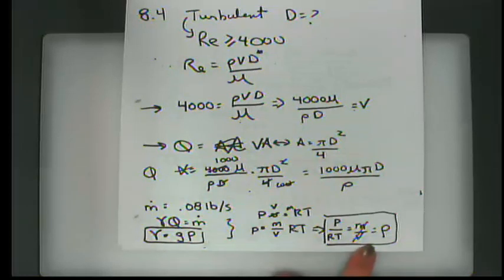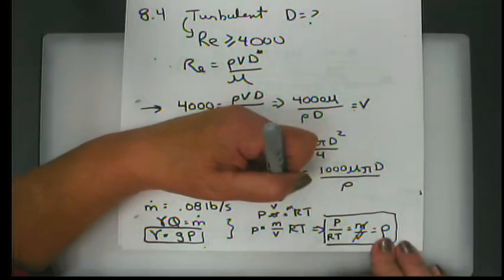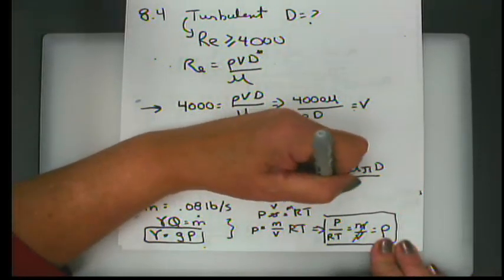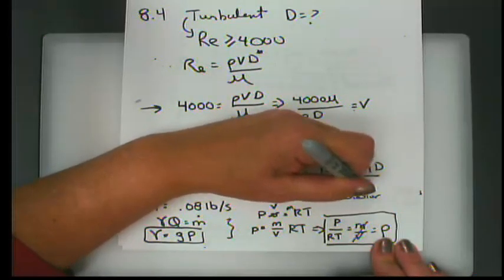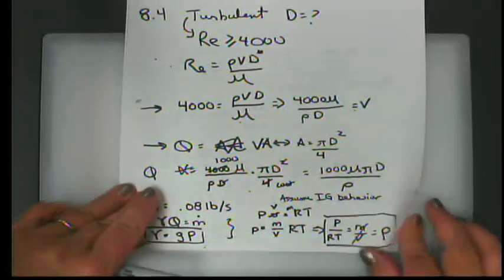Plugging those things in, and also right here I'm having to assume, in order to get my rho, that the gas behaves as an ideal gas. Now if I had more data, I might be able to make a better assumption, but air at 100 degrees Fahrenheit is pretty light. So ideal behavior is not unreasonable.